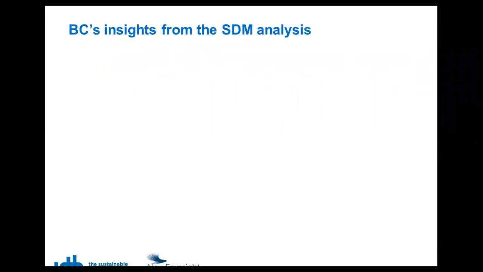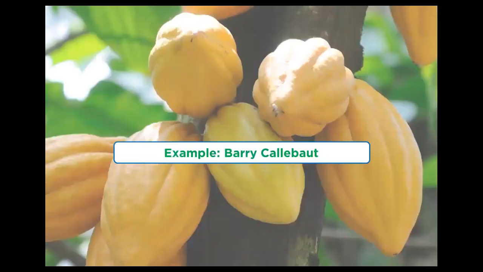Just quickly, a brief overview of the actual project. Barry Callebaut wanted to change their sourcing model by significantly ramping up their relationship with their third-party suppliers, cooperatives, and then directly with smallholder farmers. The project was to provide technical assistance, but also what is referred to in cocoa as productivity packages, excuse me, to these suppliers.